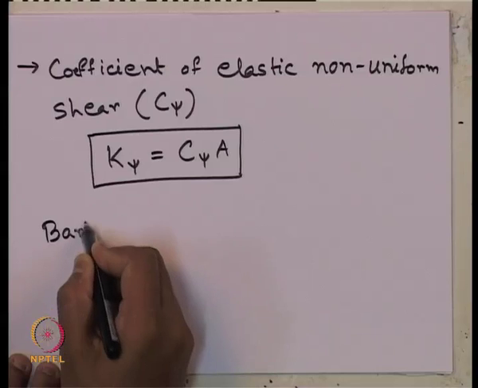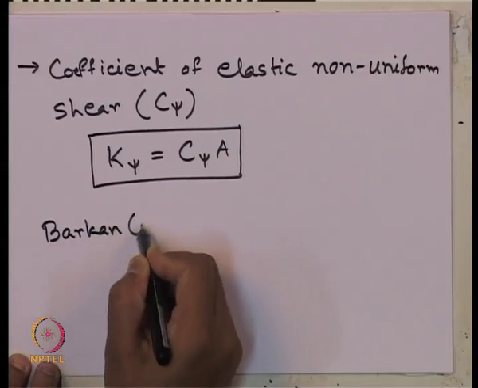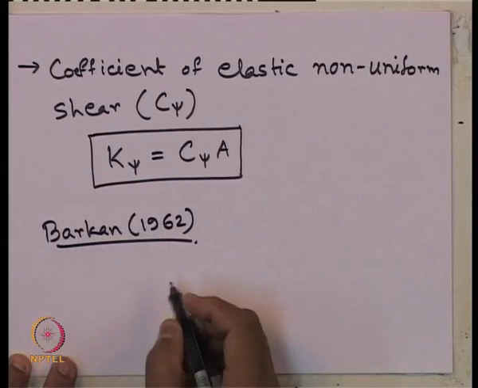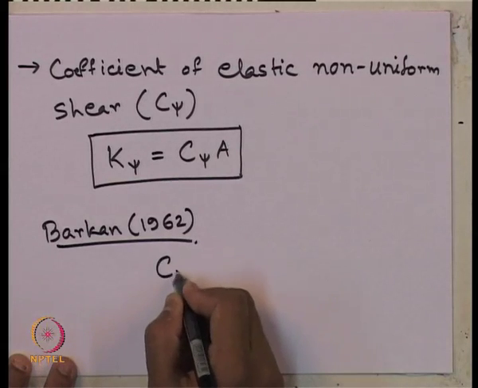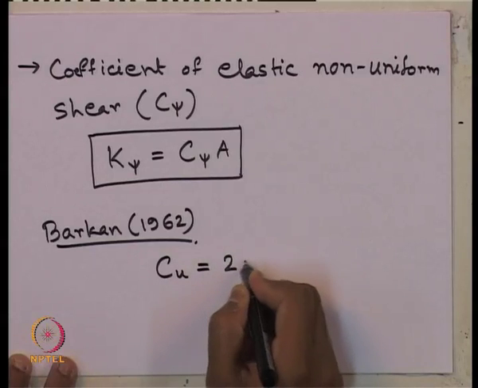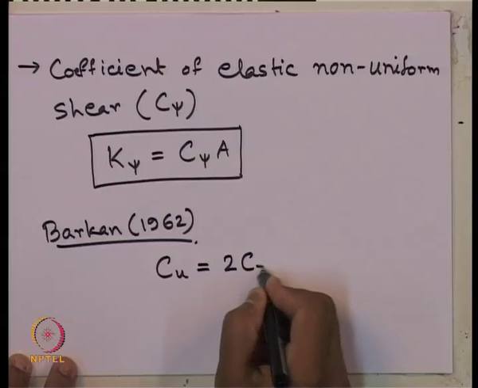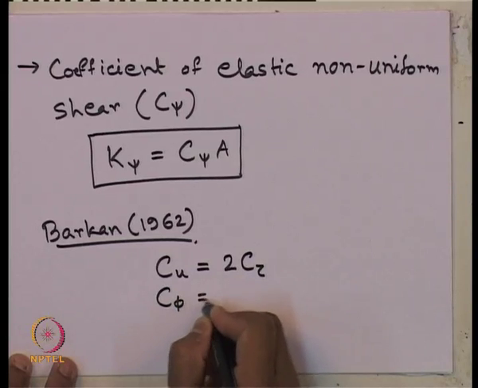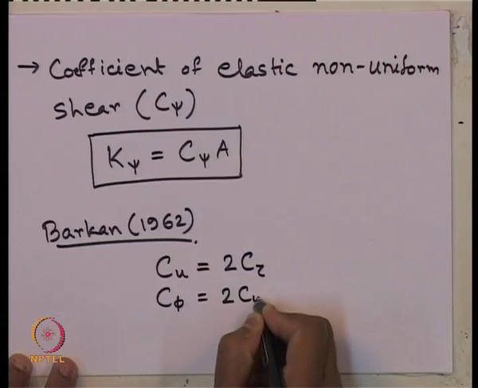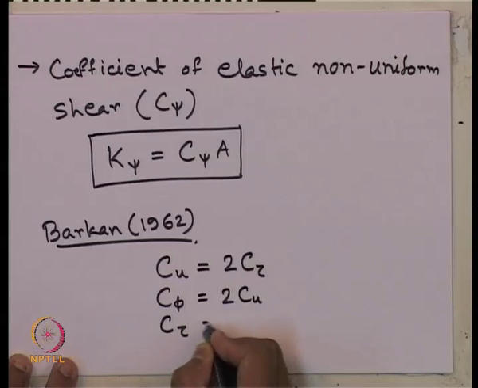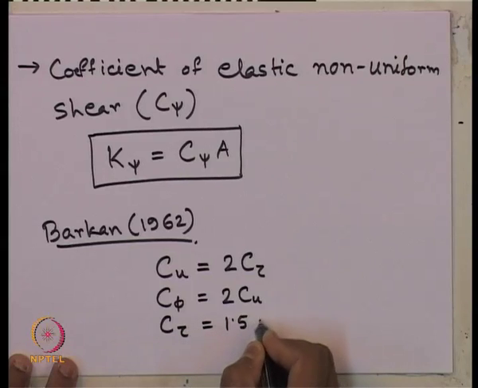Now, Barkan in 1962 proposed some correlations of Cu with other parameters. Cu is about 2 times C tau, C phi is about 2 times Cu, and C tau is about 1.5 times C psi.